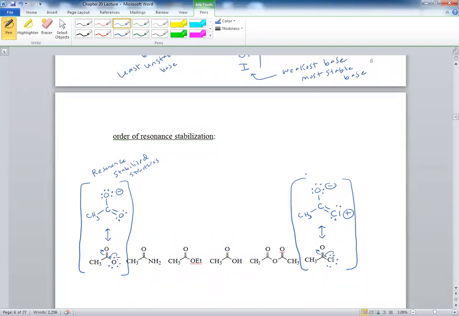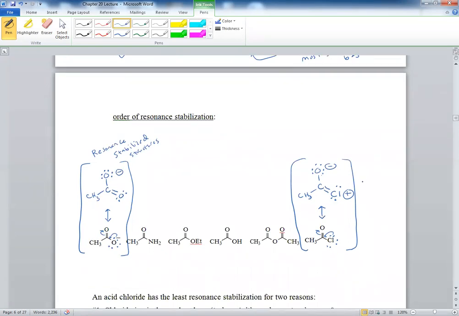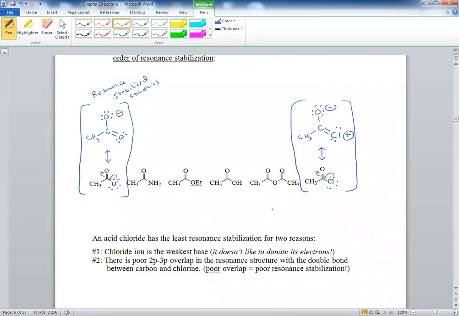First of all, chlorine can stabilize negative charges, so it's a very, very stable base in comparison to something like oxygen. In this case, you're donating electron density from the chlorine, which results in chlorine being electron deficient. That is not acceptable.